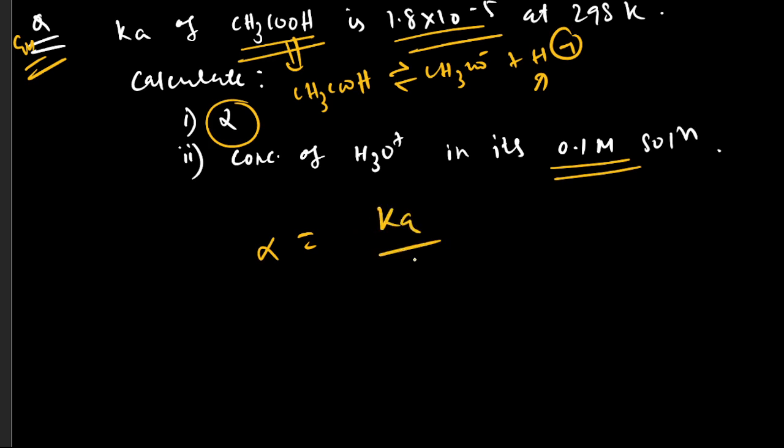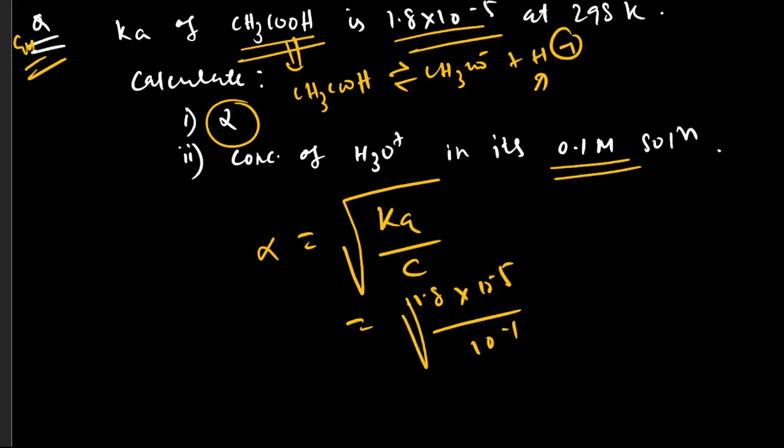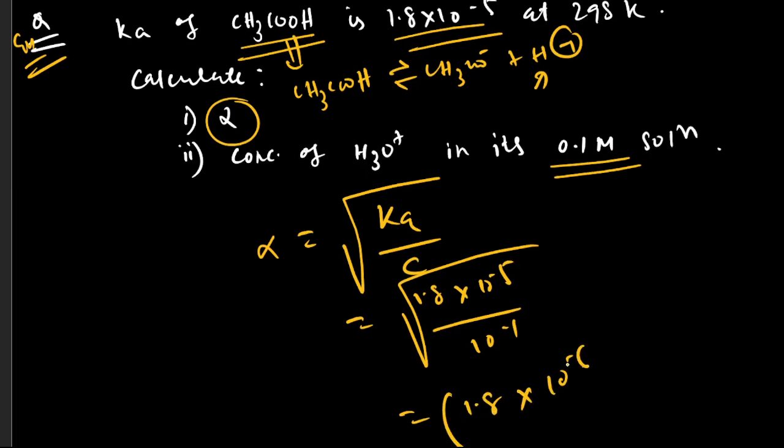So alpha equal to the square root of Ka by concentration. Ka is given as 1.8 into 10 raised to minus 5, and our concentration is given as 10 raised to minus 1. So just calculate: 1.8 into 10 raised to minus 6, to the power 1 by 2.